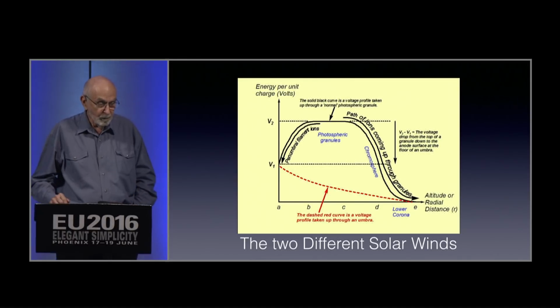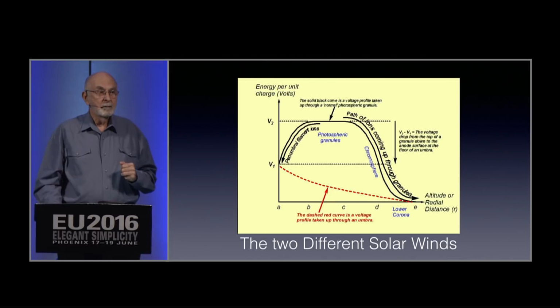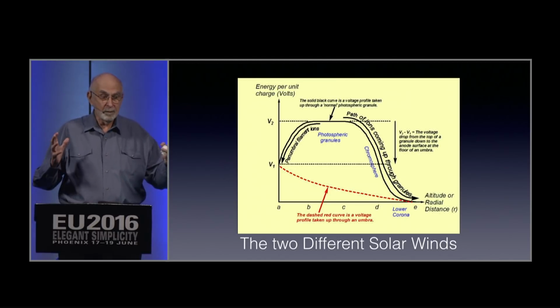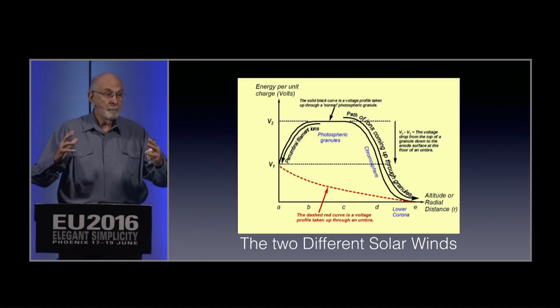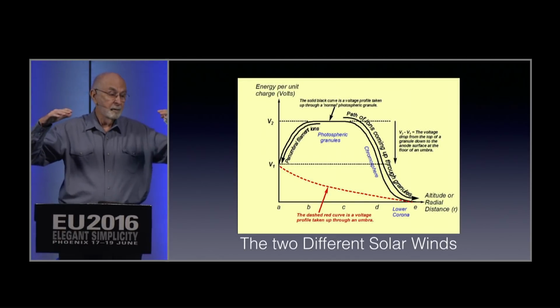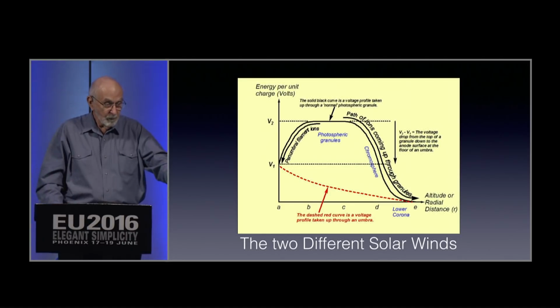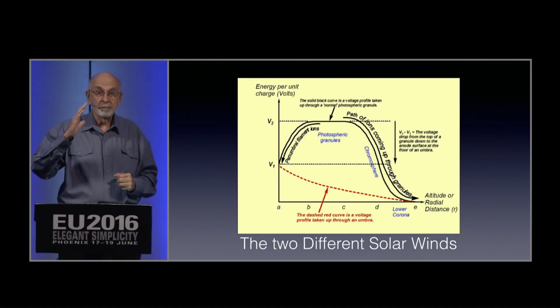The dashed red curve is a voltage profile taken up through an umbra. And how many of them are there? Zillions, because there's a lot of positive ions inside the sun that love to get out. The only reason they can't all get out is because in a lot of areas the photospheric granules are the dam that stops them.